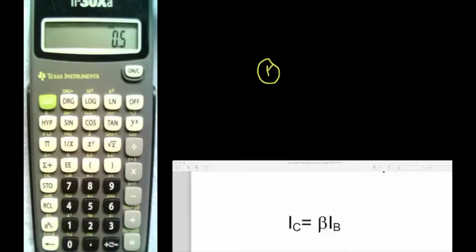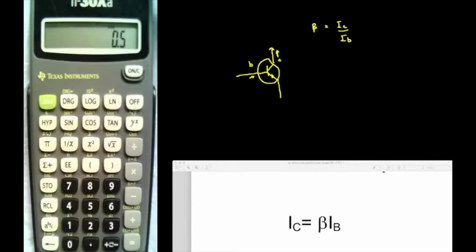We said that this is an NPN transistor, here's the base, and here's the collector, and there's the current on the collector, and small changes here make big changes here, and the difference between them, the gain beta, is equal to the collector current divided by the base current.